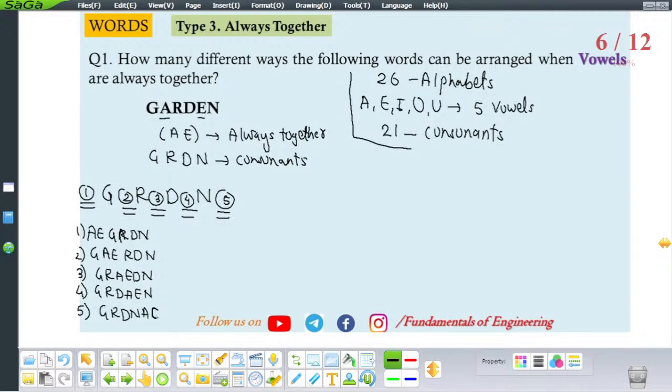You can see AE is always coming together, two vowels always together, right?